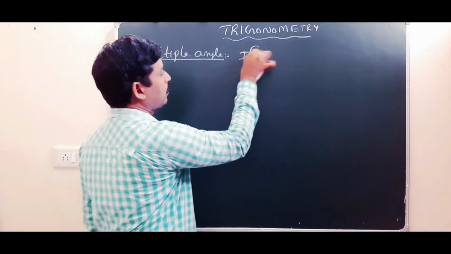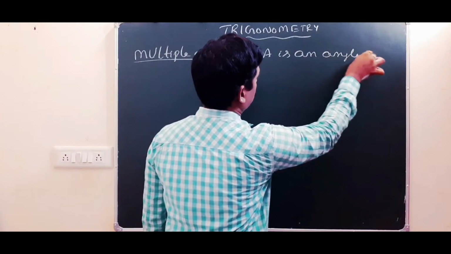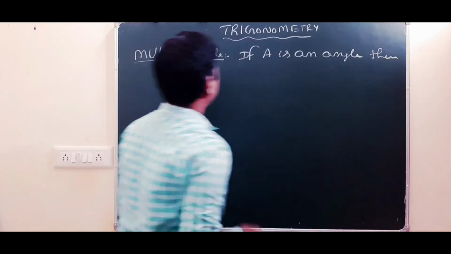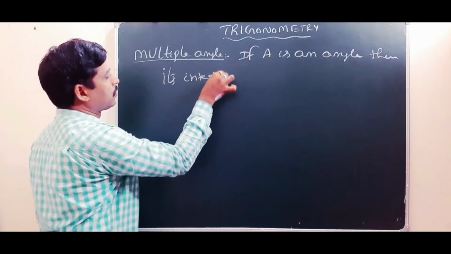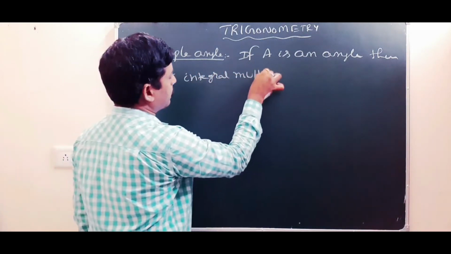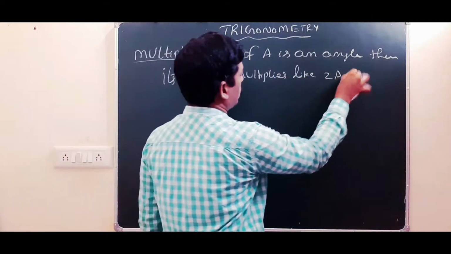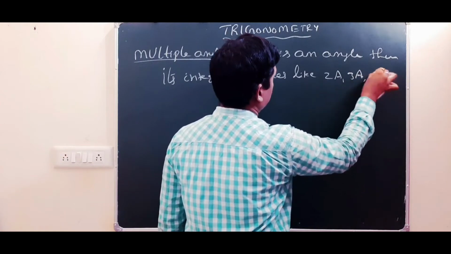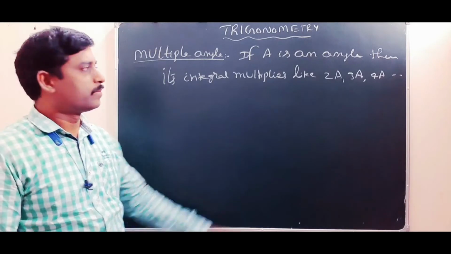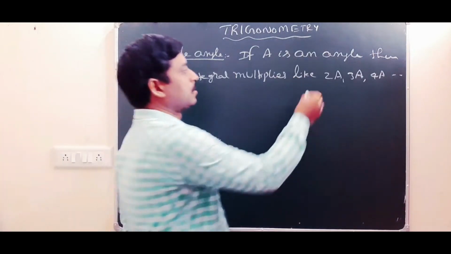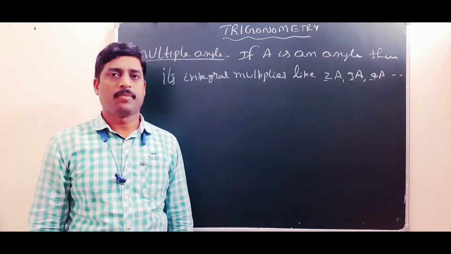If A is an angle, then its integral multiples like 2A, 3A, 4A are called multiple angles. Integral multiples, so 2, 3, 4 like that. So 2A, 3A, 4A are called multiple angles.